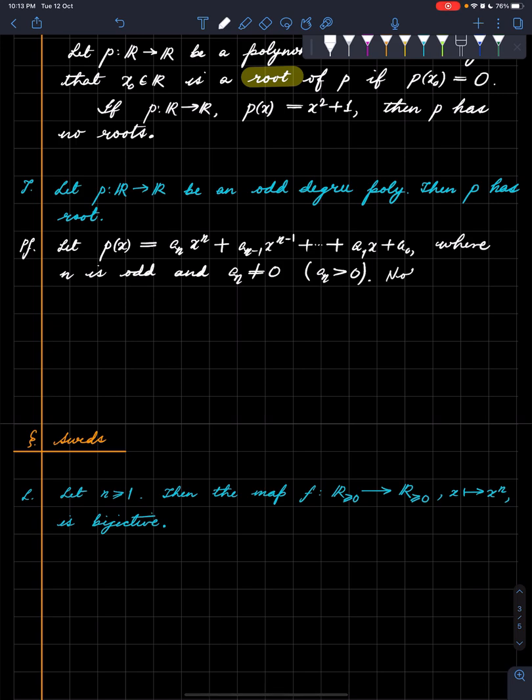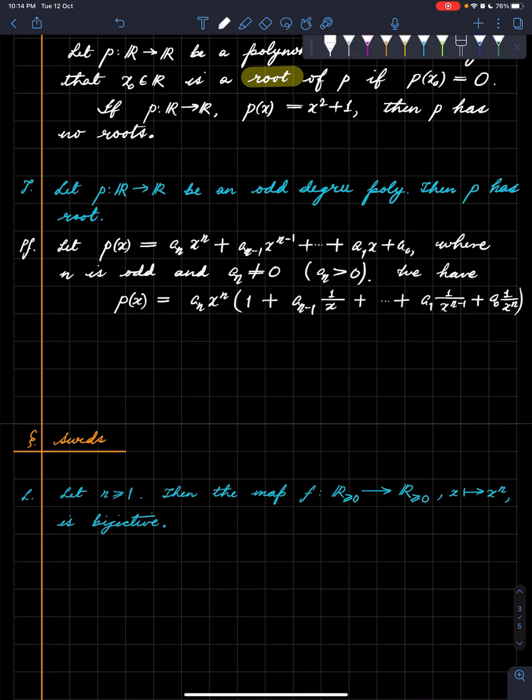Note that, or rather we have, p of x is, we forcefully bring out the leading term, so p of x is equal to that thing for x non-zero.